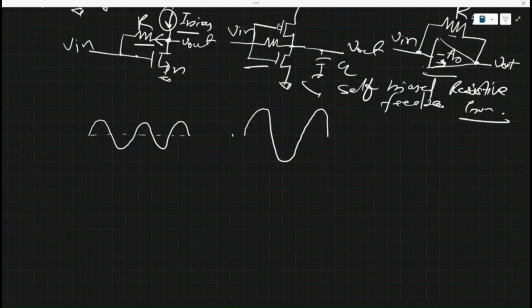What can we do? We put in the coupling capacitance at the input, right? This is the coupling cap. What will it do? It will reject the DC, so it will reject the common level. Now we can use our circuit over here.